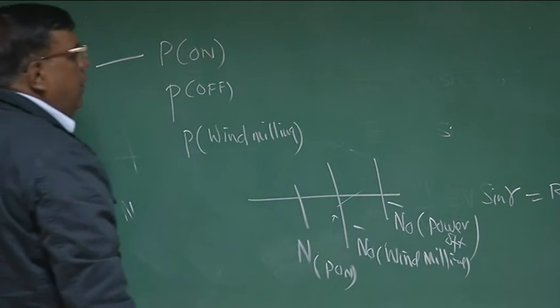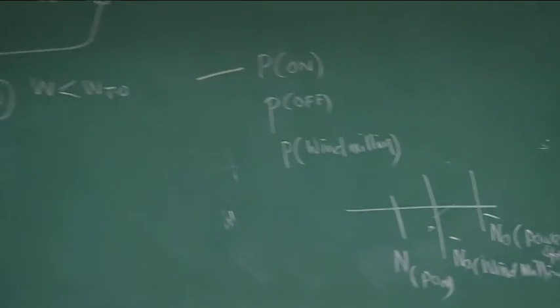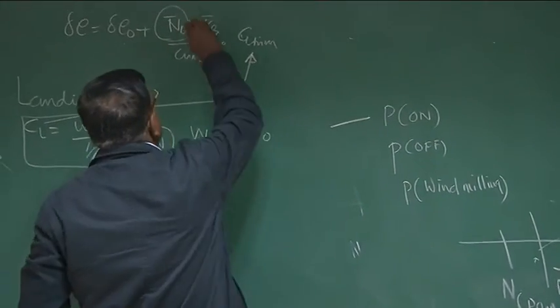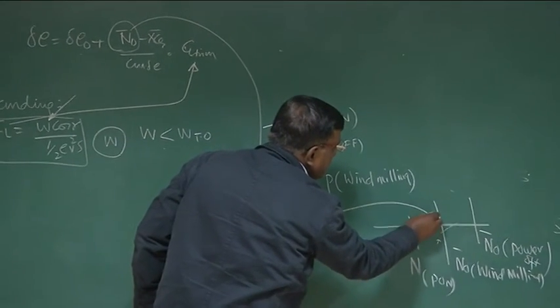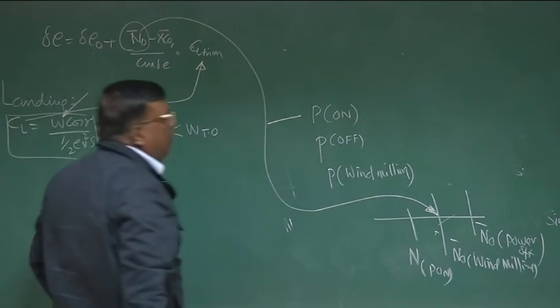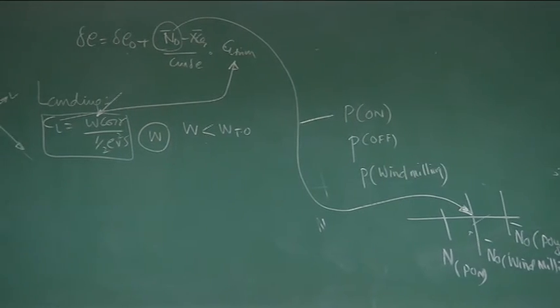This is typically for a nose-mounted engine. So now, when I'm landing, this N naught should be N naught corresponding to windmilling, because it's not full power on nor power off. Okay? And then you will find what delta E is required. Correct? It is as simple as that.